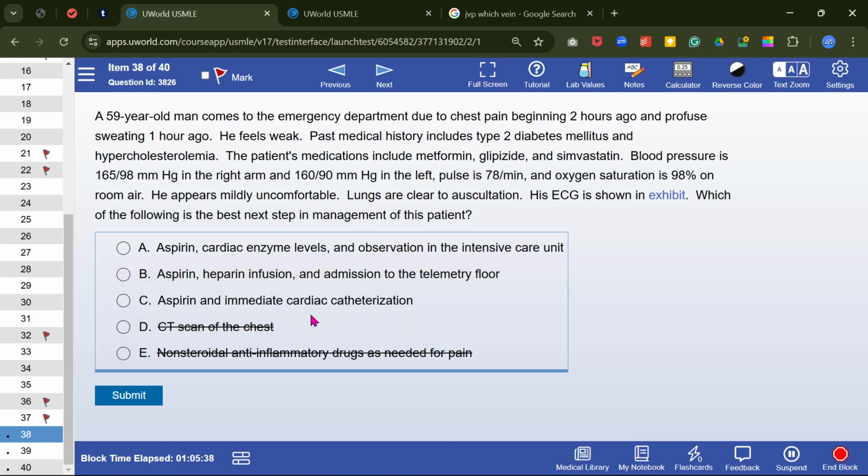Yes, I think that the immediate cardiac catheterization time has passed, isn't it? It is like 90 minutes, and 2 hours is 120 minutes. Okay, yes, we can still do it. We can give thrombolytics.